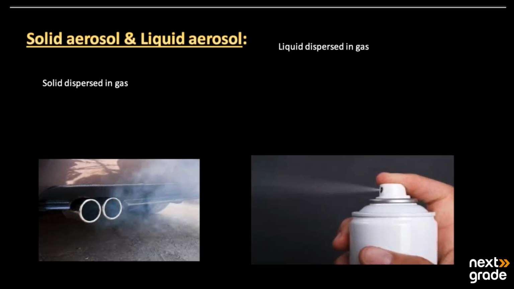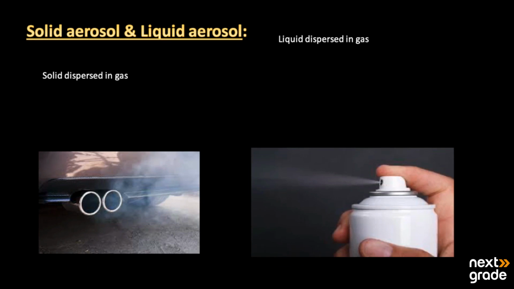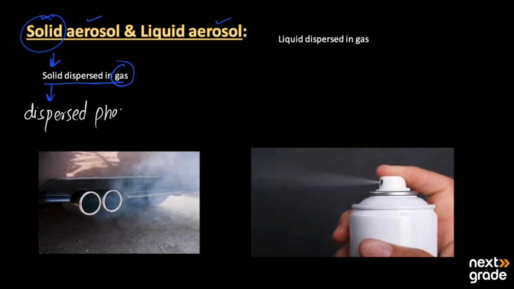Next classes of colloids are the solid aerosol and the liquid aerosol. The word solid denotes a solid dispersed in a gas. Aerosol is the word showing the gas, and solid is from the solid. So here the solid will be the dispersed phase and the gas will be the dispersion medium.